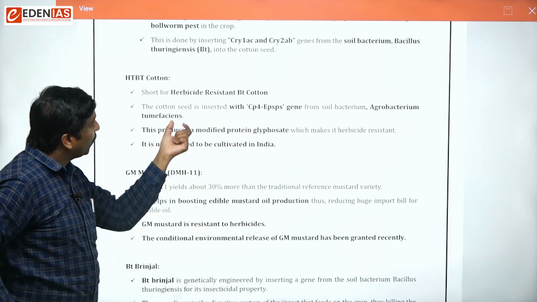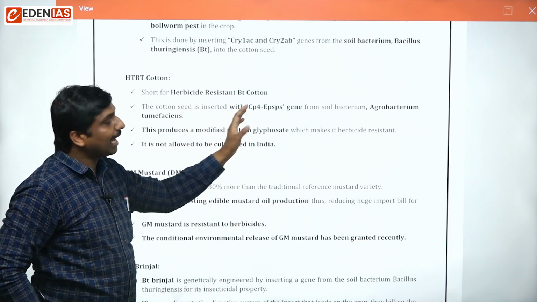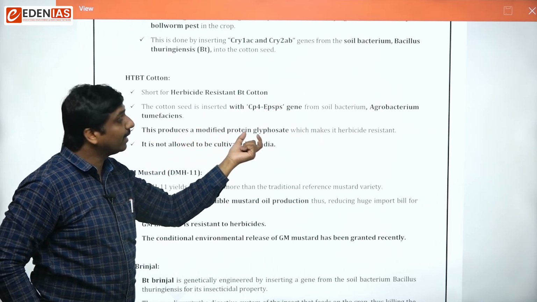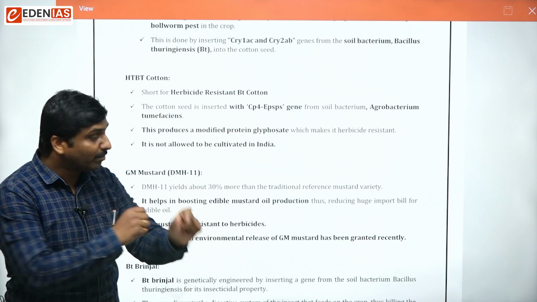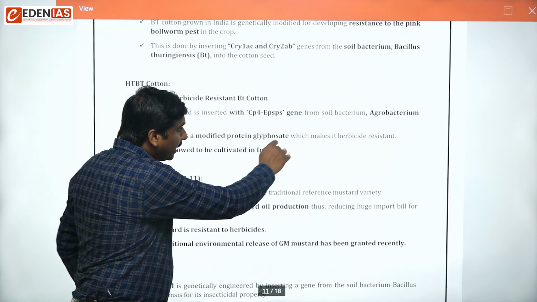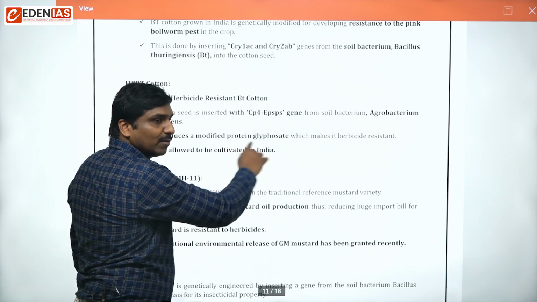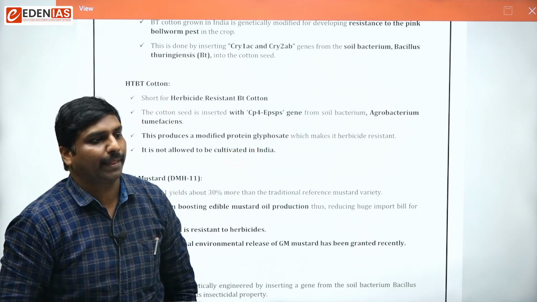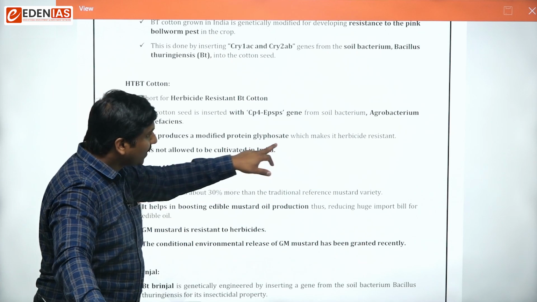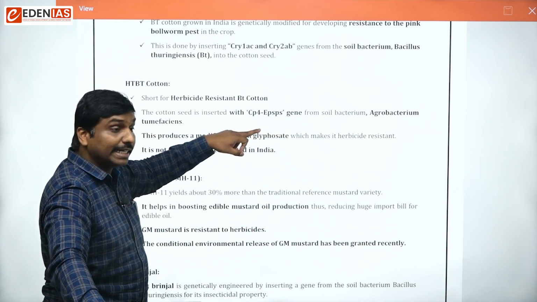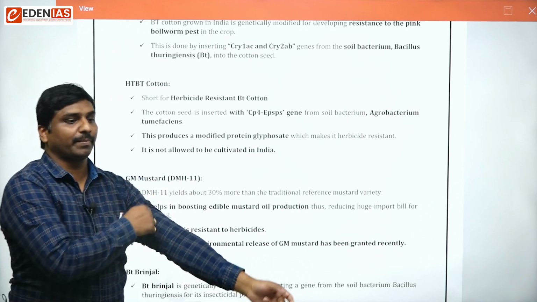What happened when we introduced this is that it produces a modified protein, glyphosate. Remember, this is very, very important, protein glyphosate. Read things related to this. Somewhere you write about this glyphosate; read about this thing. It can be picked in the exam as a theme.